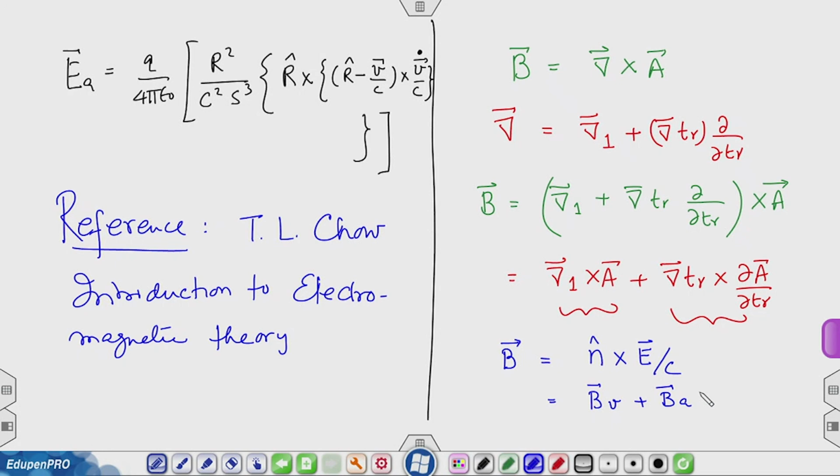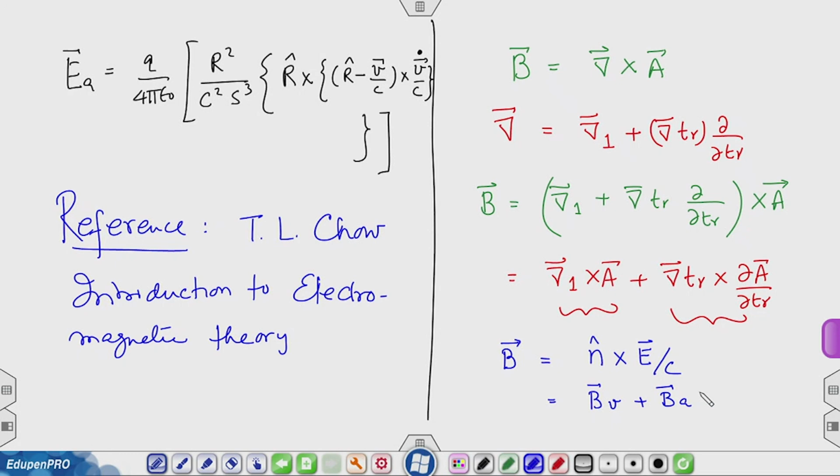Once we have these, you can calculate the Poynting vector and all the other properties. Keep in mind that BV and EV are 1 over length square dependent. So, they will not be contributing to radiation. The only term that will contribute to radiation will be the acceleration dependent term, which is 1 over R dependent, and therefore, the power going out with this term remains the same irrespective of how far from the charge you are.